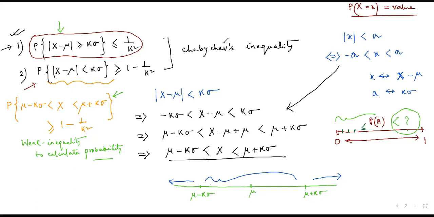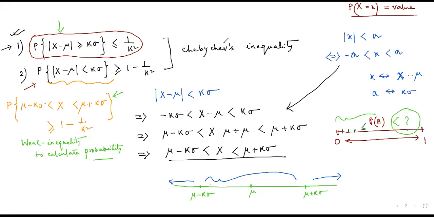But you have to keep in mind that the entire thing should be defined in such a way that the probability doesn't exceed its valid limit. It should not be less than 0 and should not be greater than 1. As long as this is satisfied, we do not have any problem. Mu minus k sigma can be 0, a negative number, or a positive number.